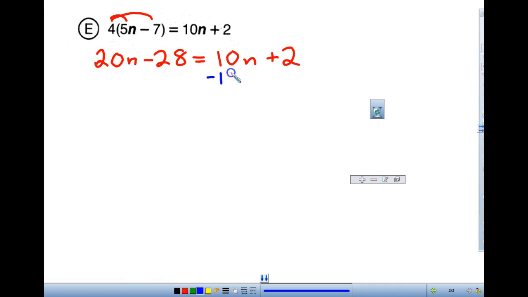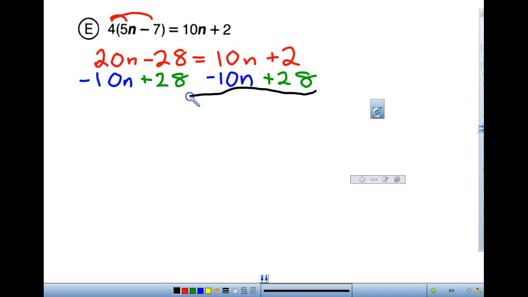Try to keep positive. So I'm going to subtract 10n on both sides. Add 28 on both sides. Show the cancellations. Zeros canceling out.